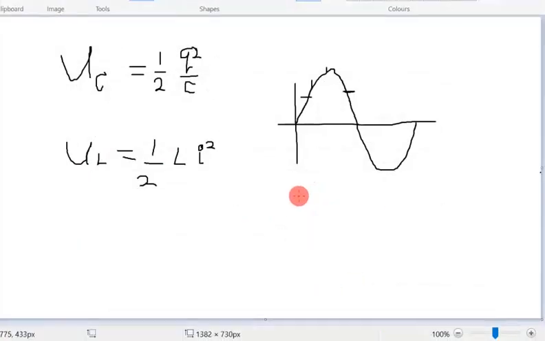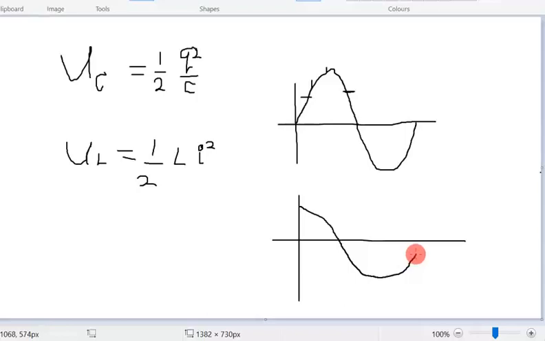It will look something like this. It will start from positive maximum, gradually decrease to 0, go to the negative maximum.